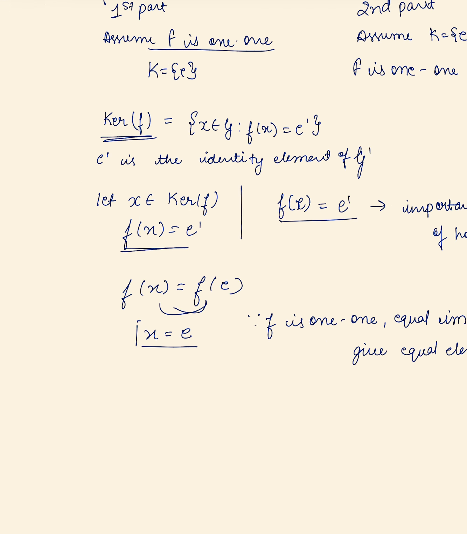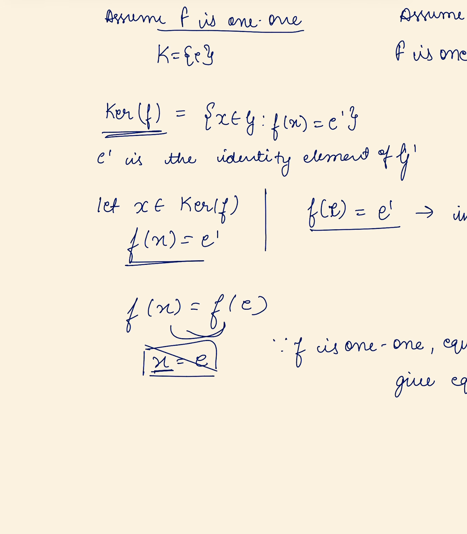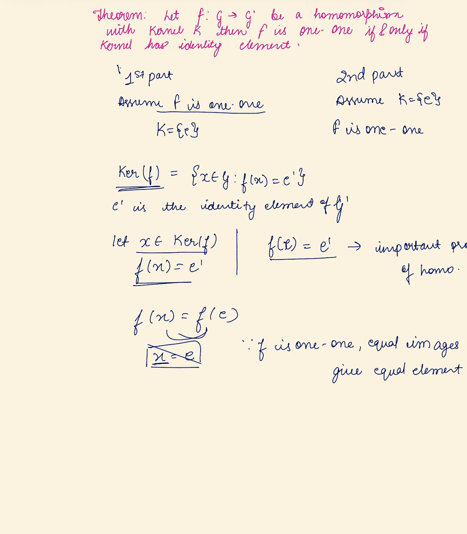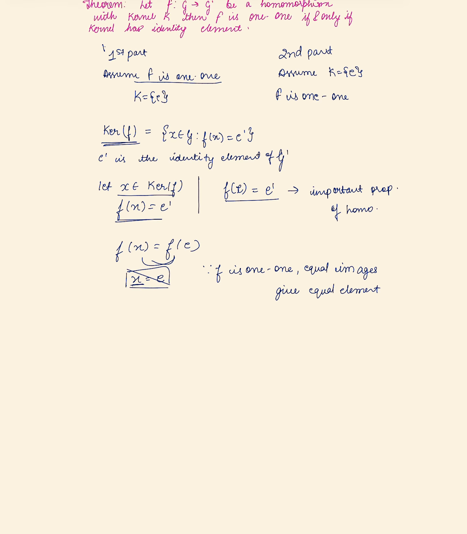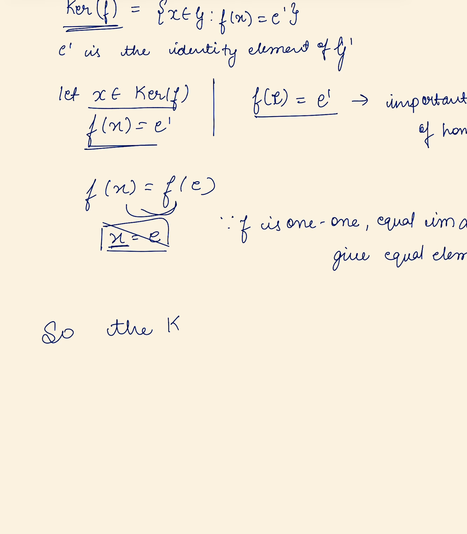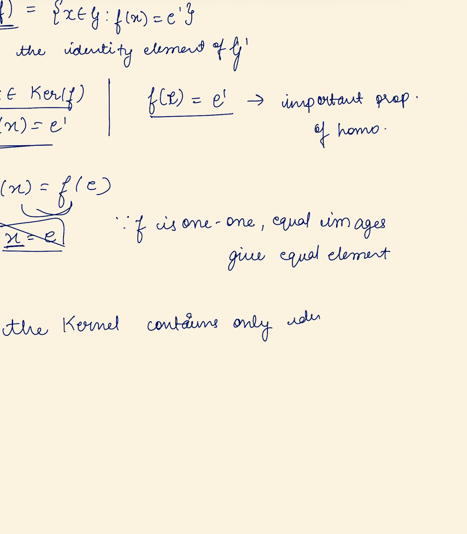So here I have proved that the element x is equal to e, the identity element. x is an element of the kernel, so the kernel contains only the identity element. So part 1 is proved.